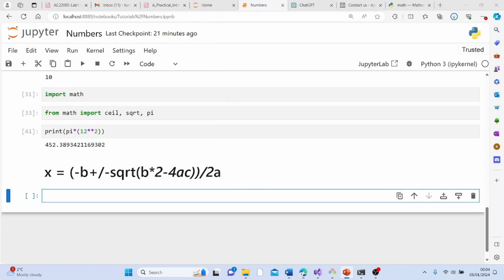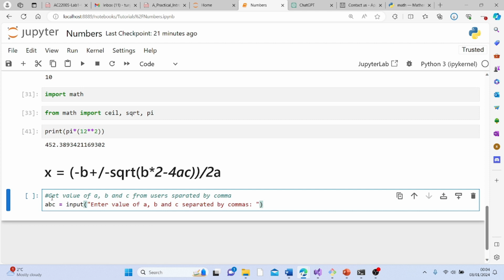So let's write the code that will automatically calculate the root of that equation for us. So let's take A, B and C from the user. The user should enter the values of A, B and C separated by comma. So you ask the user to separate the values by comma.